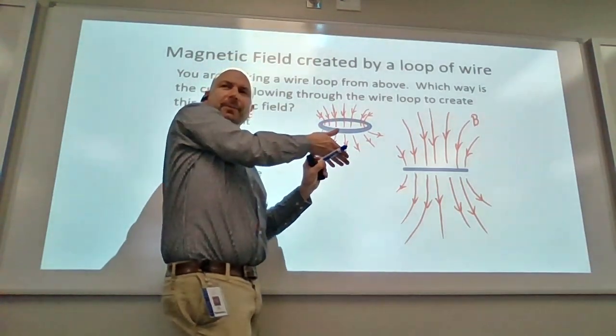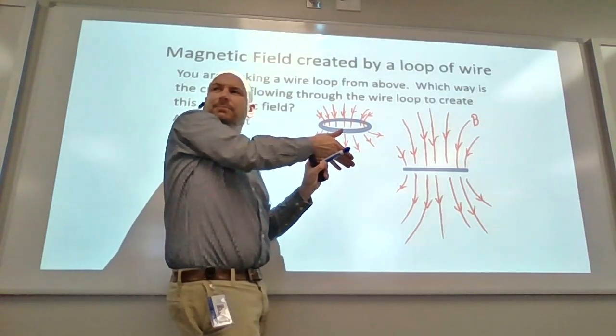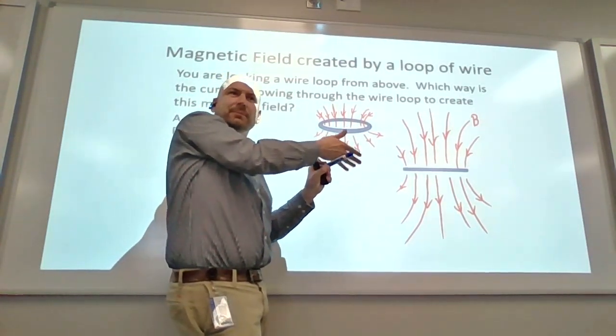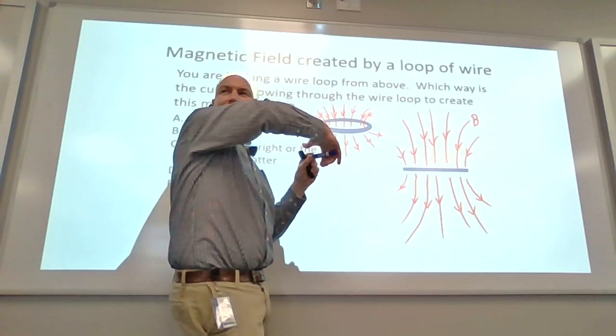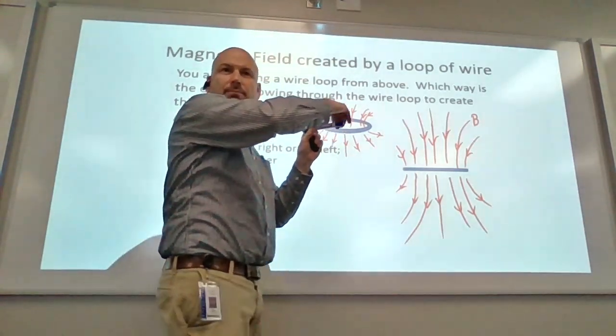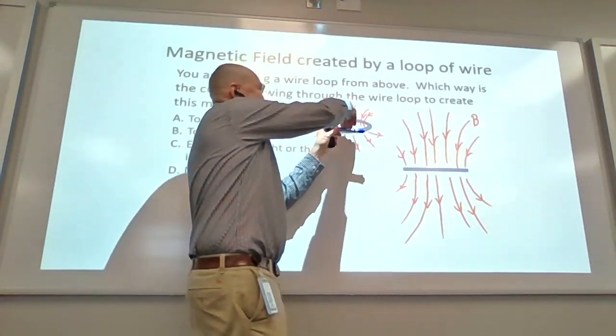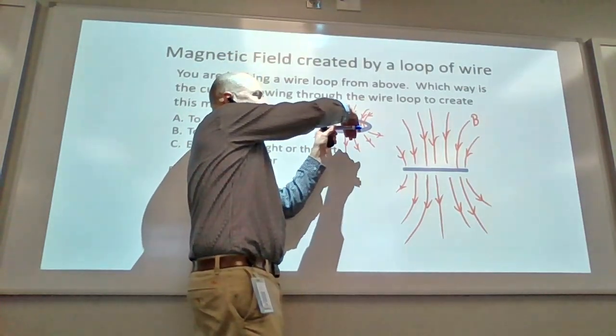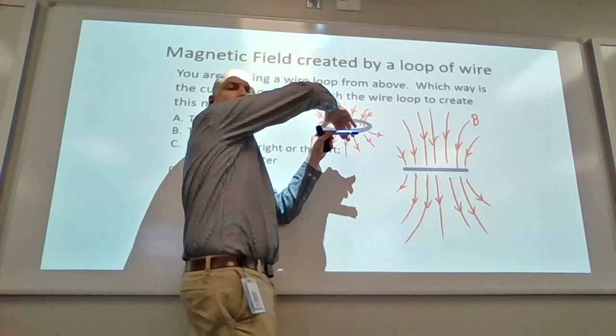You cannot grab your pen like this, but you can do it like this. So your thumb is going to the left. This represents the magnetic field inside the loop of wire.